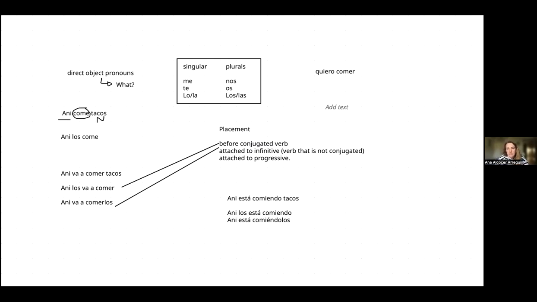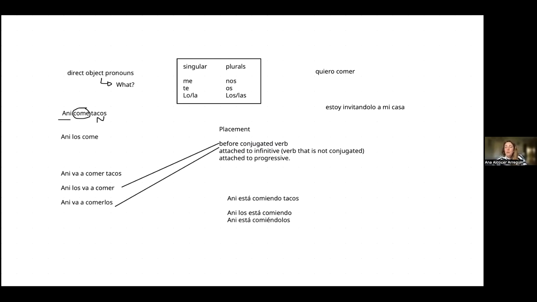Or it can be estoy invitándolo a mi casa. Lo can be replacing José, for example. So, estoy invitando a José a mi casa. It could be estoy invitándolo a mi casa.